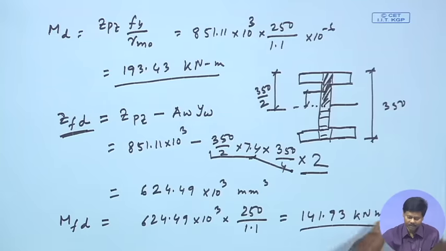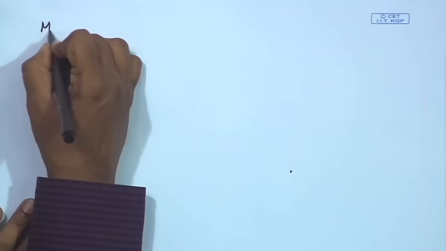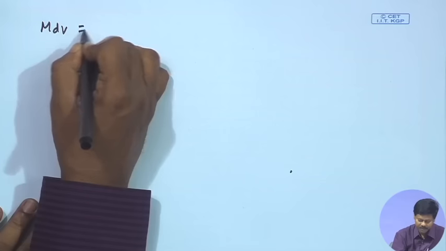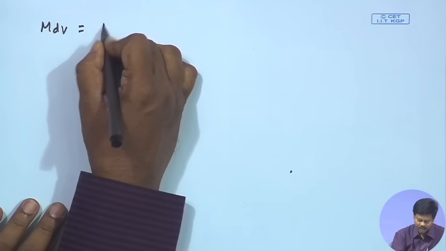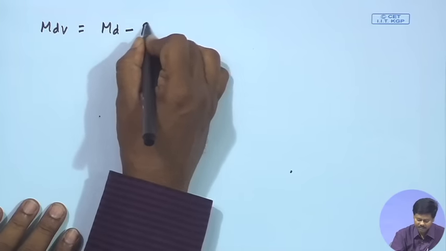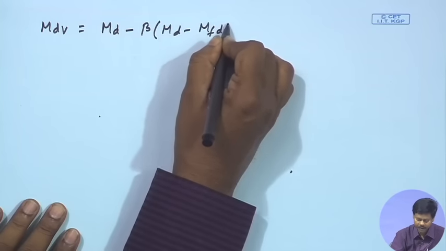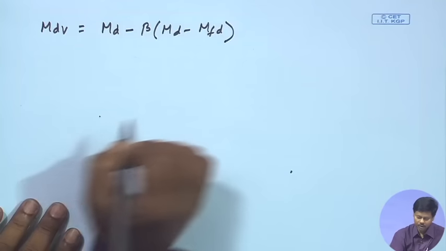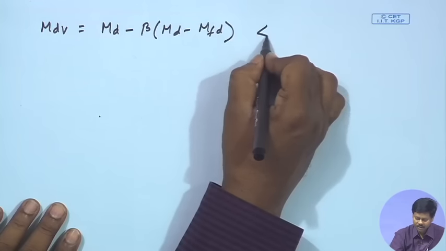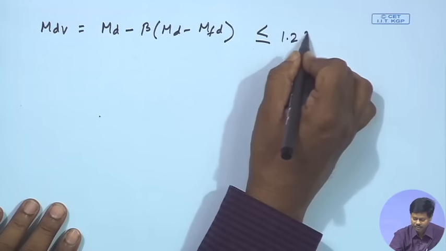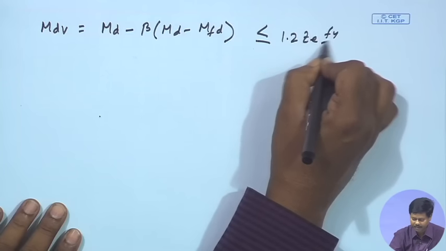Now, we can find out the value Mdv, which will be the modified plastic design moment of the section due to high shear. So, Mdv will become basically Md minus beta into (Md minus Mfd), and it has to be less than or equal to 1.2 Zd into Fy by gamma m0.